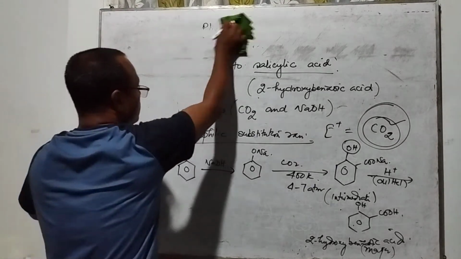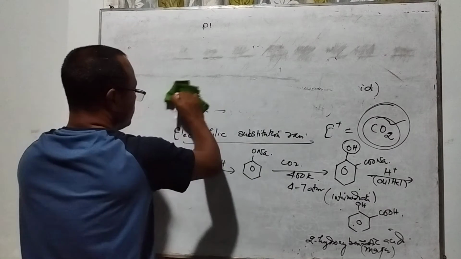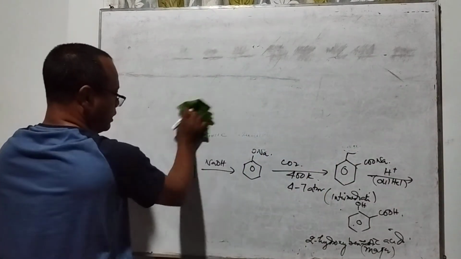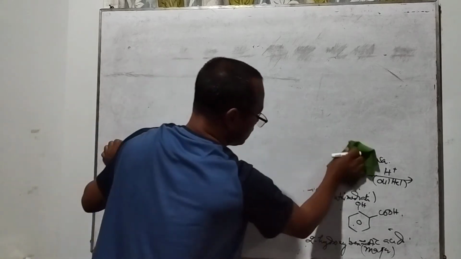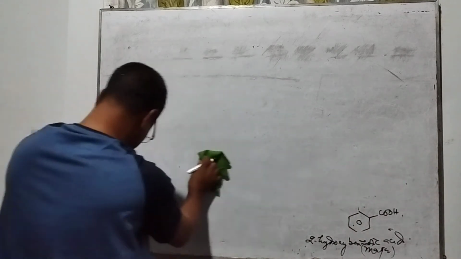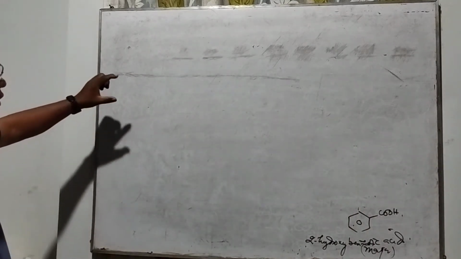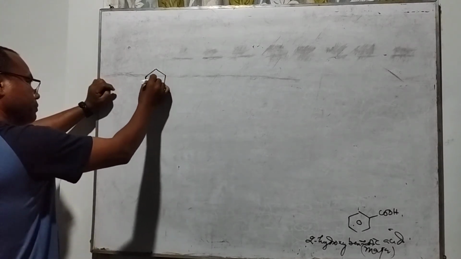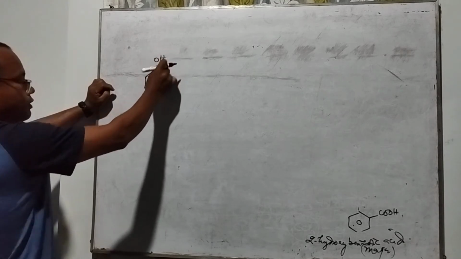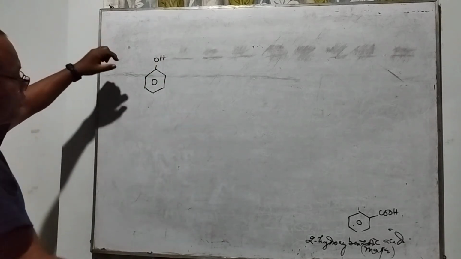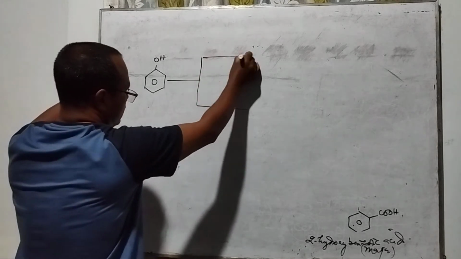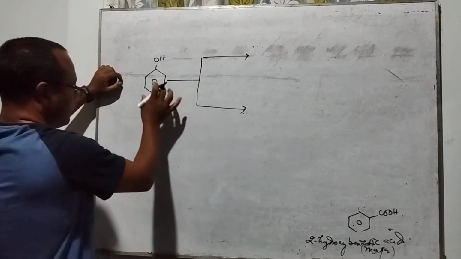So this salicylic acid we can prepare from phenols, but by two different types of reaction. Now I just write here. Number one, this is the phenol, right? Now here I write two different types of reaction.